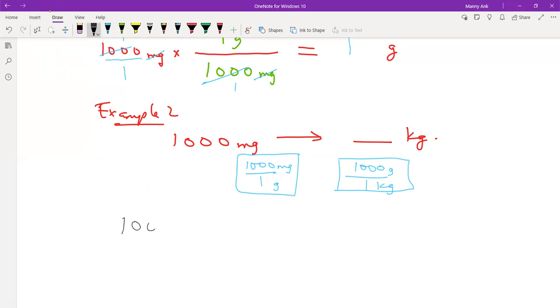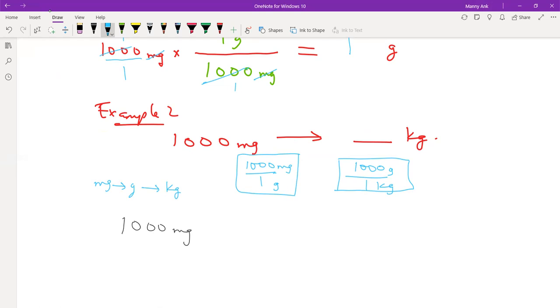So starting with our given, I can change the milligrams first to grams, and from grams, we change to kilograms using the conversion factors.